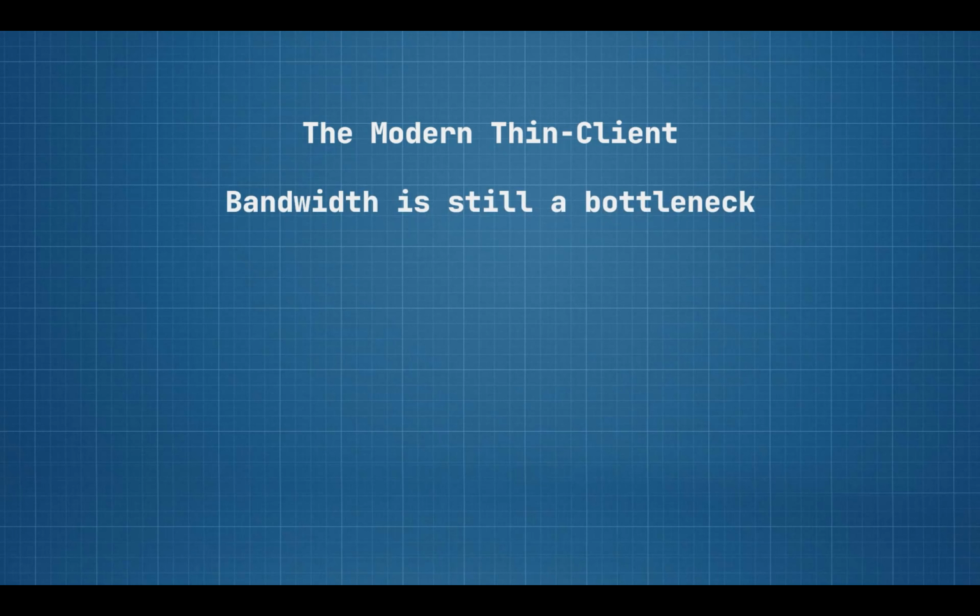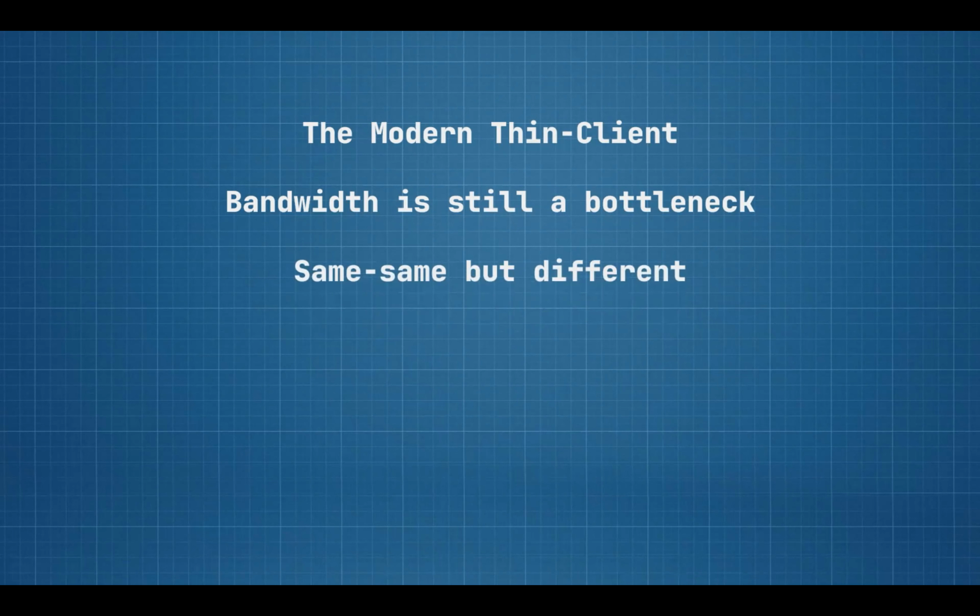Regardless of whether you're on 4G, fiber, 5G, hardwired, or wireless, bandwidth is still a bottleneck. Okay, so systems should still be built with the mindset that you should only go for your bandwidth when everything is ready to go, right?